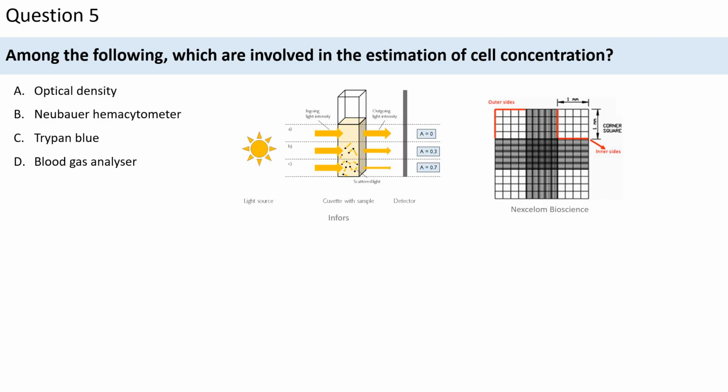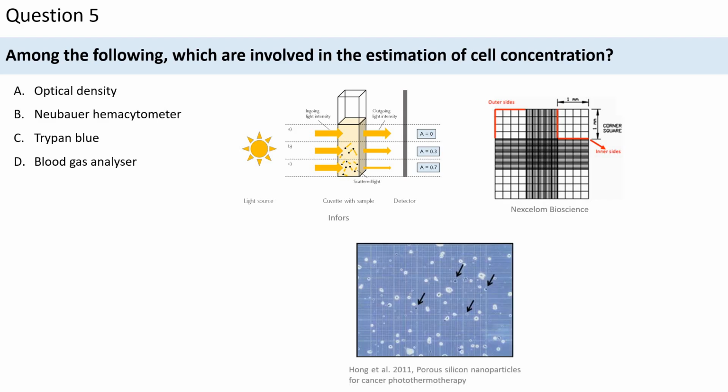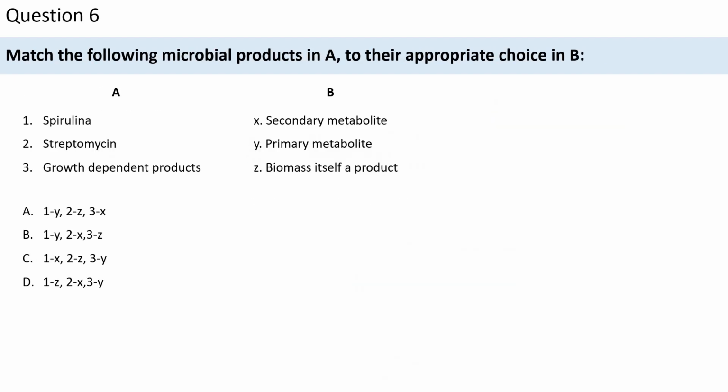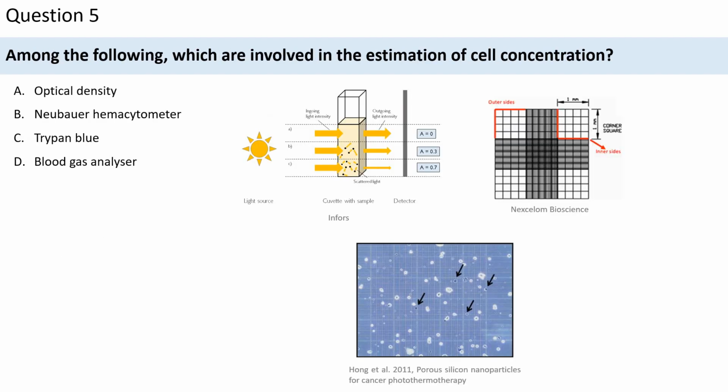Trypan blue stains the dead cells blue, whereas the live cells are intact. So trypan blue can differentiate between live cells and dead cells, whereas optical density gives the overall cell concentration. We can't differentiate between live cells and dead cells. So the answers are A, B, C.